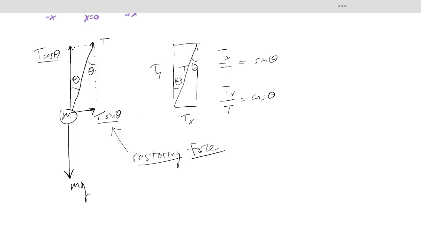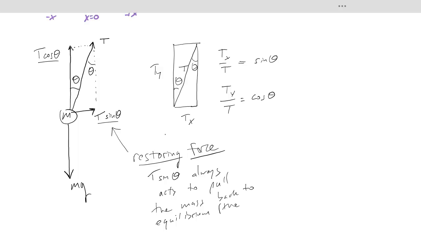So T sine theta always acts to pull the mass back to equilibrium. And that's the center.